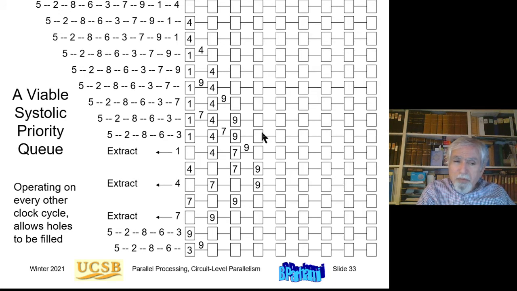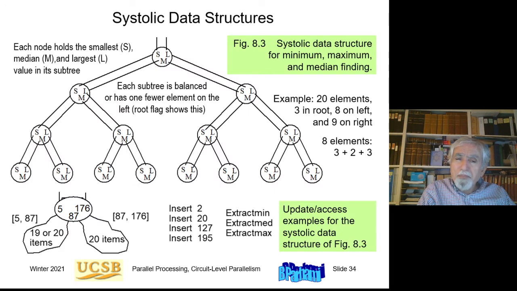So that's why we are interested in systolic priority queues, because now all the connections or the wires are short, and furthermore the operations of interest can be done in constant time, independent of the size of the array.